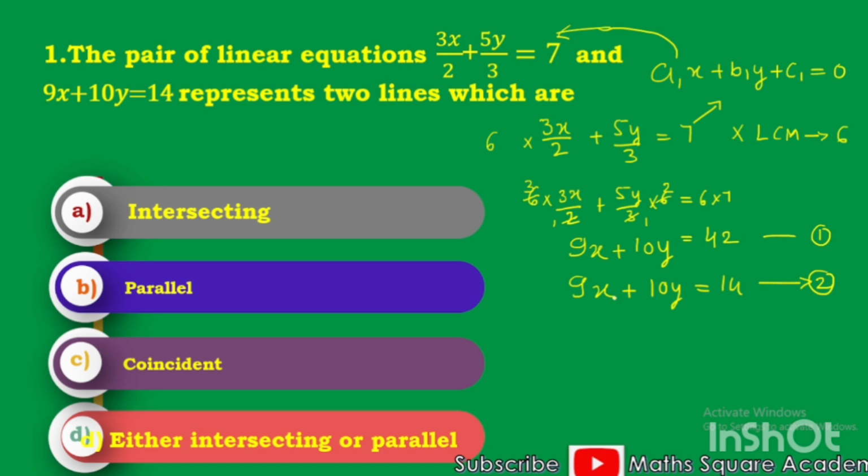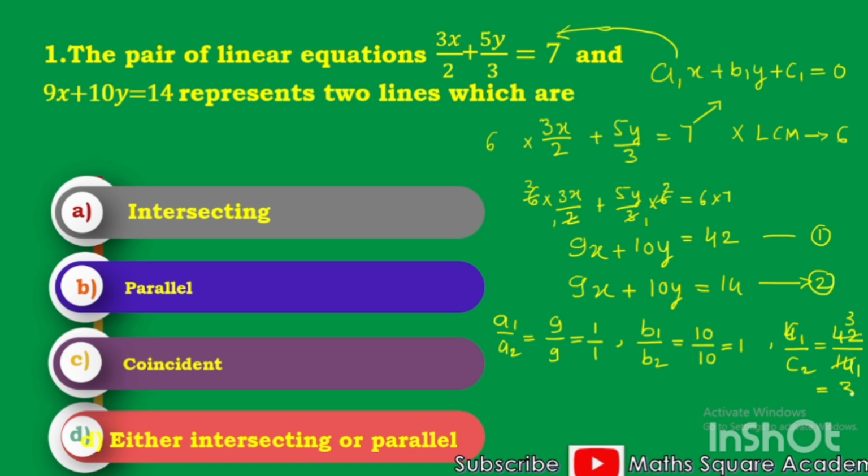To check whether the lines are intersecting or parallel, we have to find the ratios. a1 upon a2 is 9 upon 9, that is 1. Similarly b1 upon b2 is 10 by 10, that is also equal to 1. The third one, c1 upon c2, is 42 upon 14, that is 3.